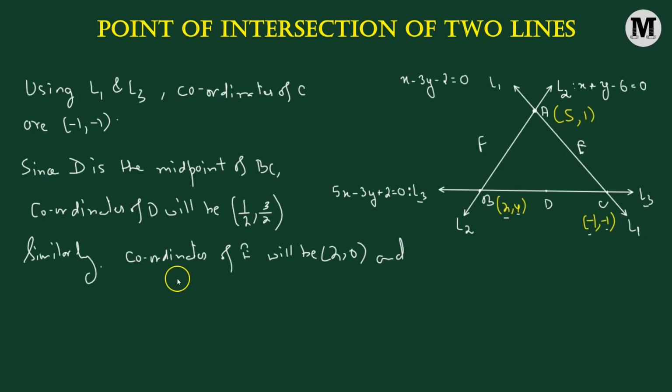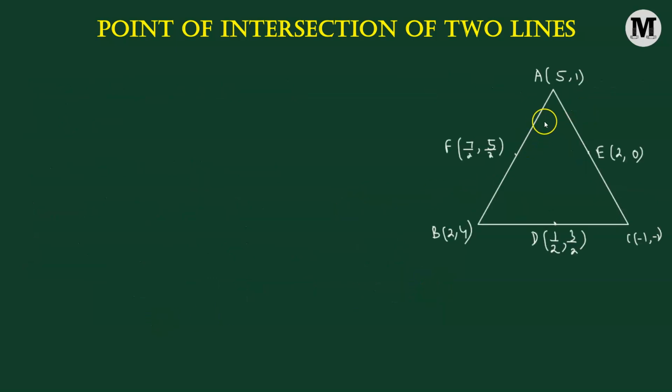And coordinates of F are going to be 7/2, 5/2. Okay, so let's redraw our diagram. So now we have the coordinates of the vertices of the triangle, and we also have the coordinates of the midpoints of its sides, DEF.